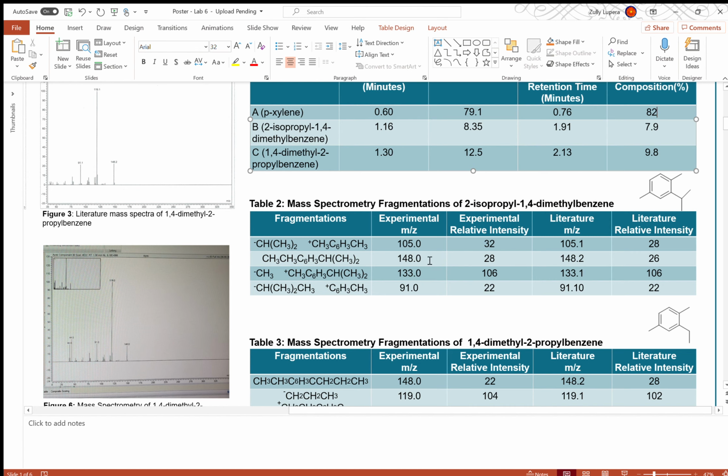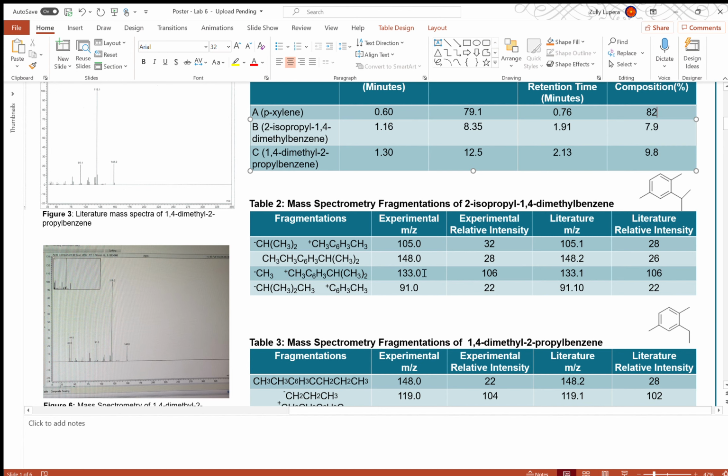We then have the base peak, which has an MZ value of 148.0, close to the literature value of 148.2. The experimental relative intensity of 28 is close to the relative intensity of 26, and this occurs when there's no fragmentation.